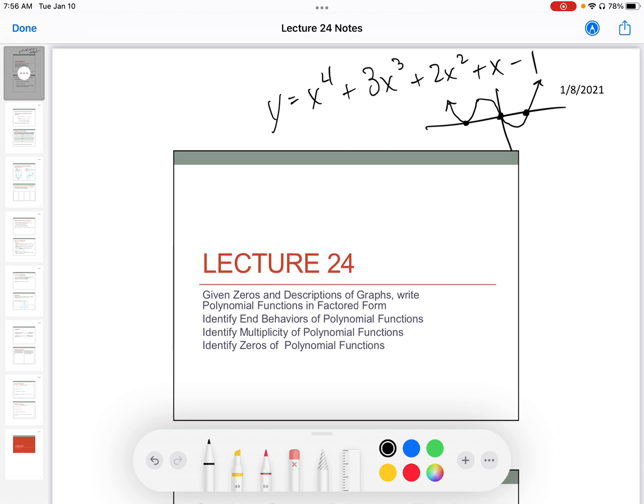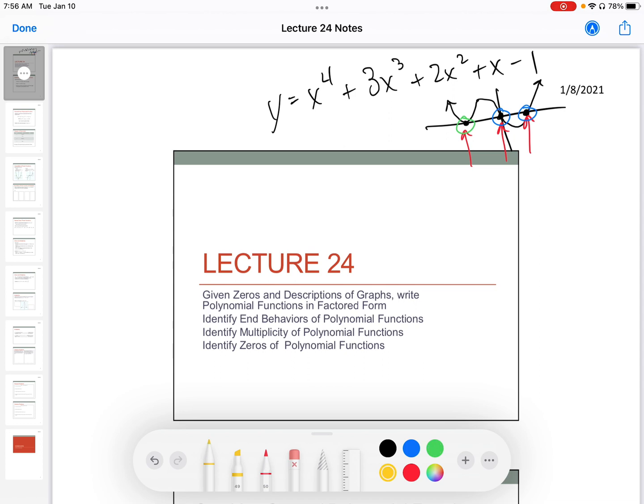So basically our goal with today's lesson is you're going to look at this and say, hey, I know these three are x-intercepts. I know that it crosses at these two specific x-intercepts, and I know that it touches at this x-intercept.